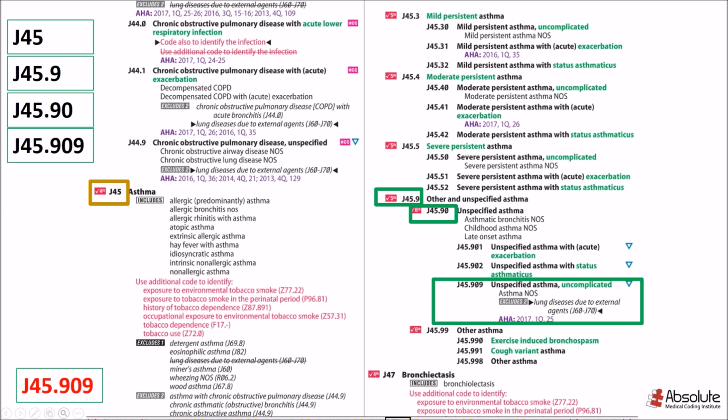Your code at the bottom, J45.909, 6 characters long, all of the codes related to it are on the path: J45, J45.9, J45.90, 909.